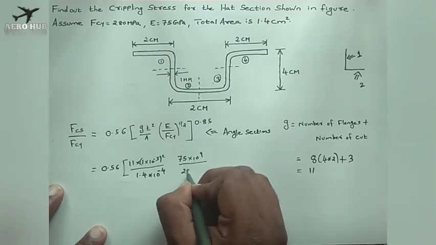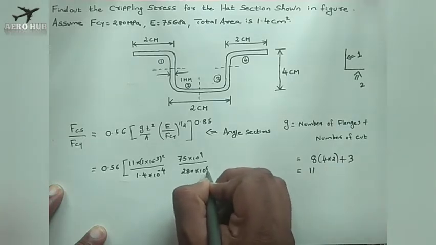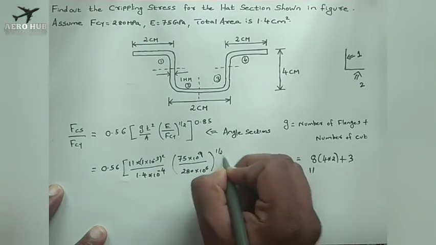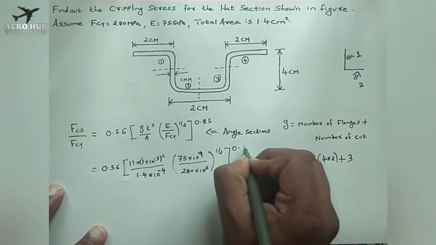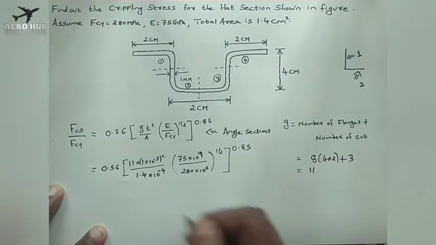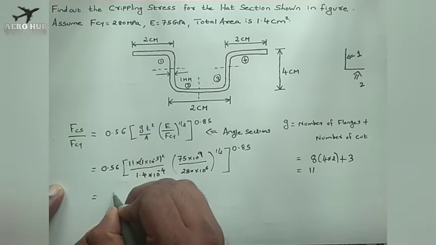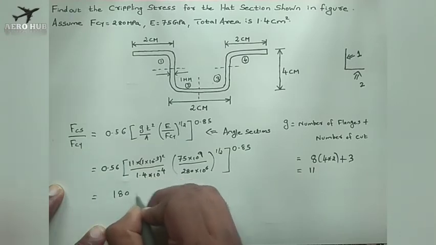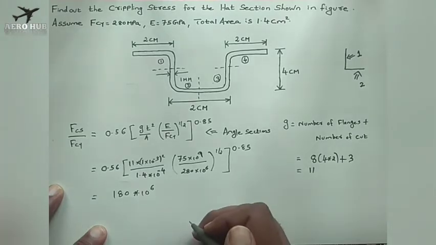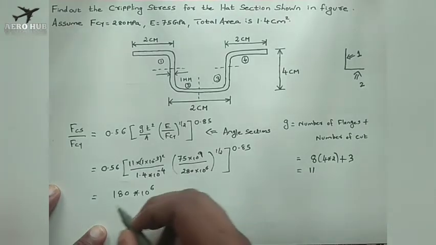FCY is 280 into 10 power 6. The whole power 1 by 2, the whole power 0.85. Okay, and I will be getting an answer of 180 into 10 power 6. Okay, so this is the value for FCS by FCY.